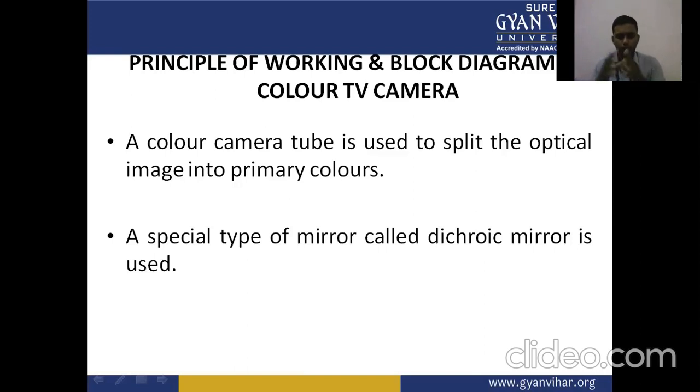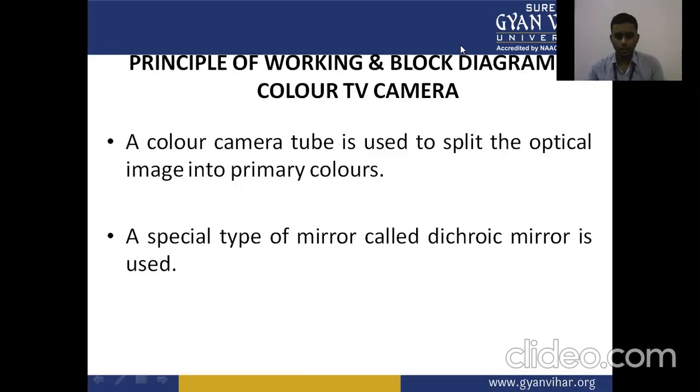the glass face plate, and the electron beam is focused on the glass plate, and correspondingly the signal is developed. This signal is amplified, and sync and blanking pulses are added to it.